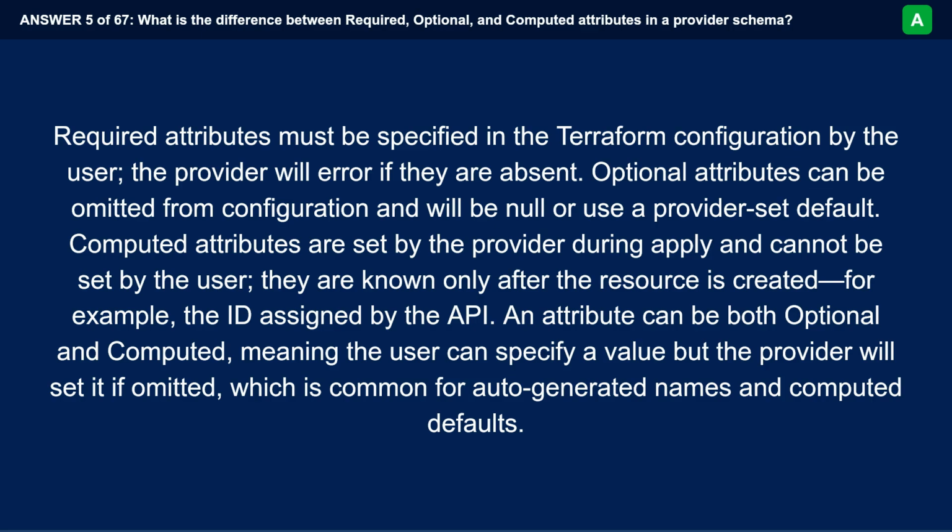Computed attributes are set by the provider during apply and cannot be set by the user. They are known only after the resource is created, for example, the ID assigned by the API. An attribute can be both optional and computed, meaning the user can specify a value, but the provider will set it if omitted, which is common for auto-generated names and computed defaults.